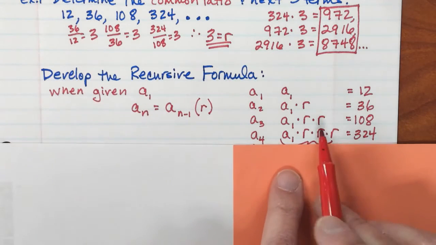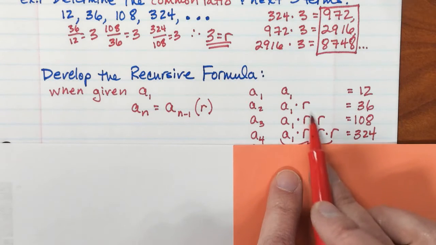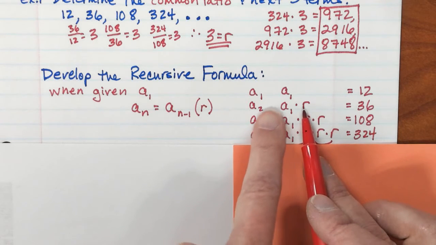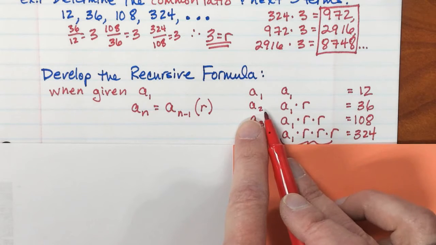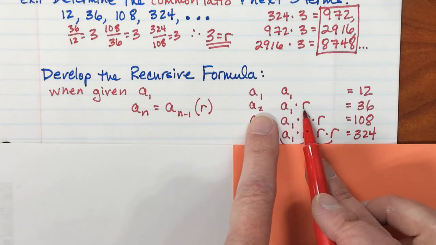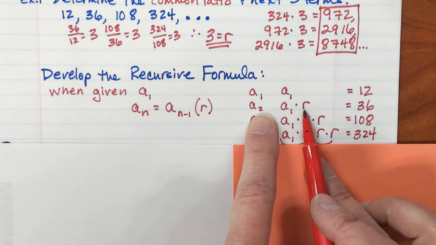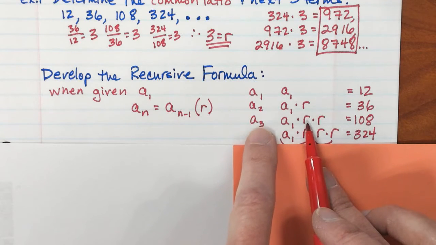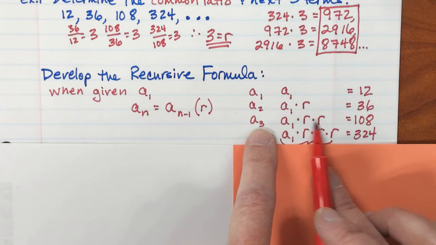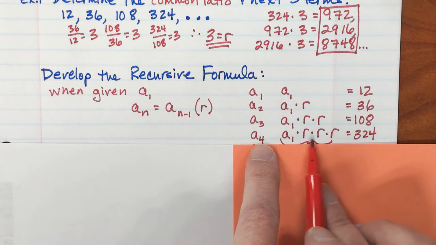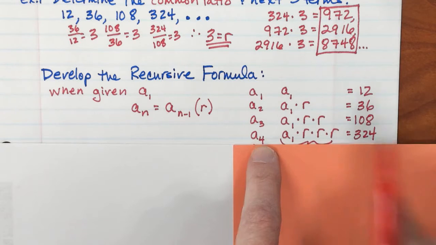If you notice, the number of r's here is 1 less than the term. For the second term, we only had to multiply the first term times 1 r. To get the third term, we multiplied by r squared. To get to the fourth term, we multiplied by r cubed.